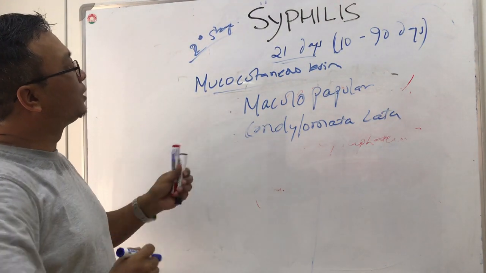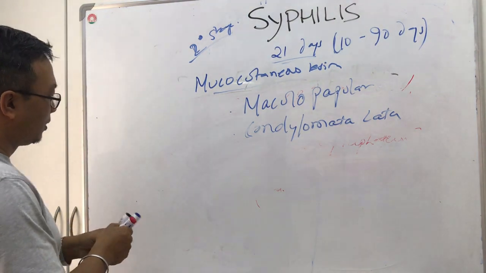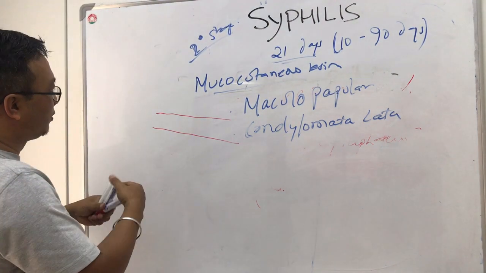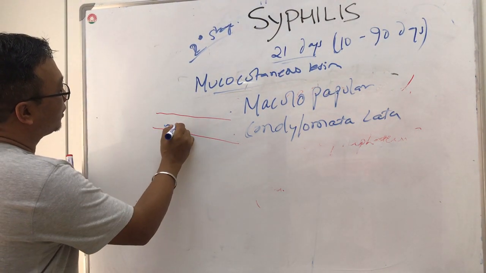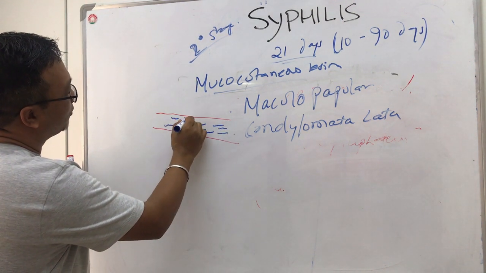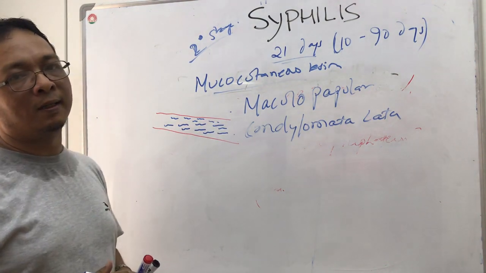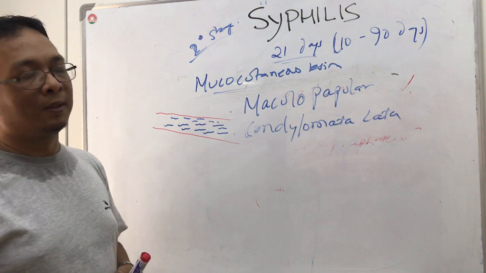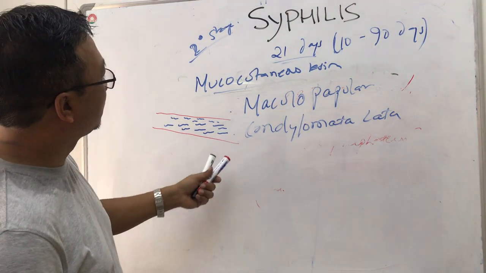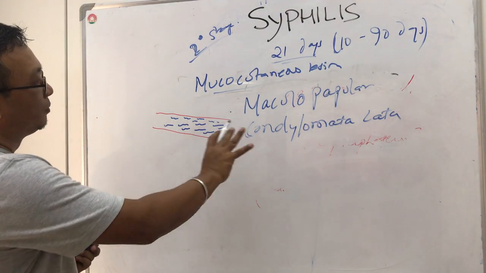This secondary syphilis also lasts for 6 weeks, and now the bacteria are traveling in the blood vessels, so it is very highly infective. There are lots of Treponema, lots of syphilis bacteria in the blood vessels. This secondary phase is very highly active and infective because it has gone to the blood, and we call it spirochetemia.